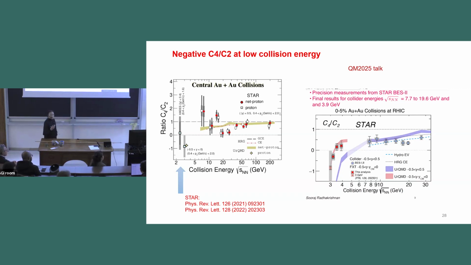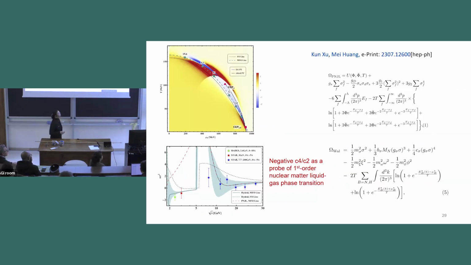Maybe this comes to Jean-Paul's question about the liquid-gas transition. Actually, two years ago, we investigated these two critical points. One is the critical point from quark matter to hadronic matter. And there is another critical point which is described by the Walecka model. This is the nuclear matter liquid-gas phase transition.